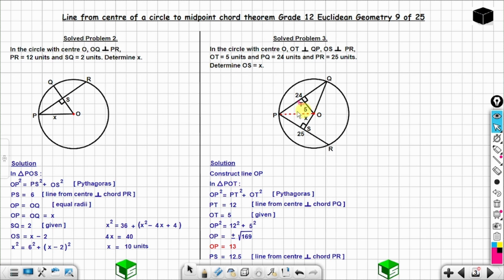In triangle POS, you have PS and you have OP. You are going to use Pythagoras because this is a right triangle. You have a right angle.